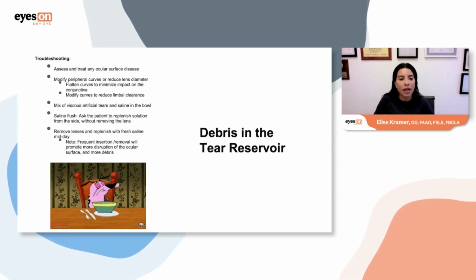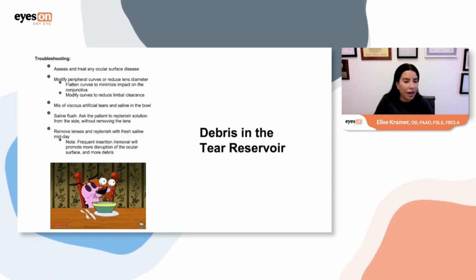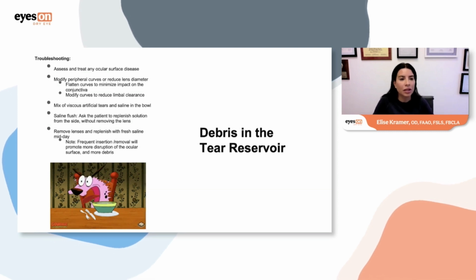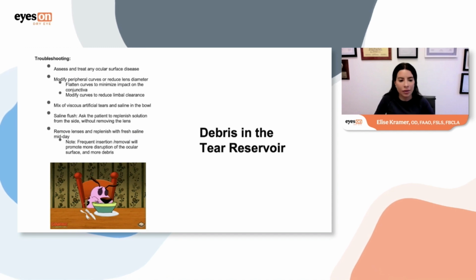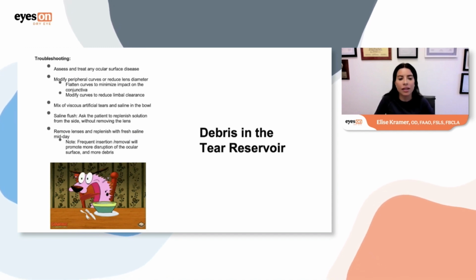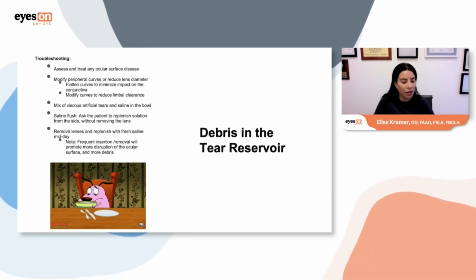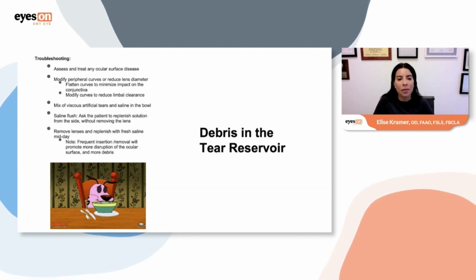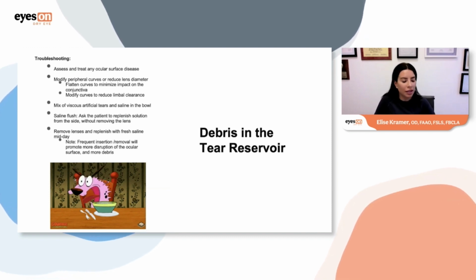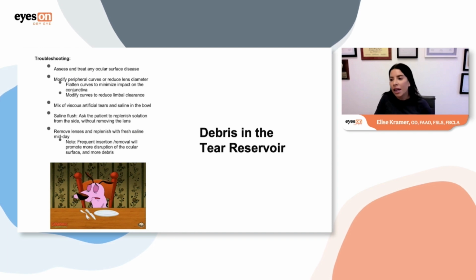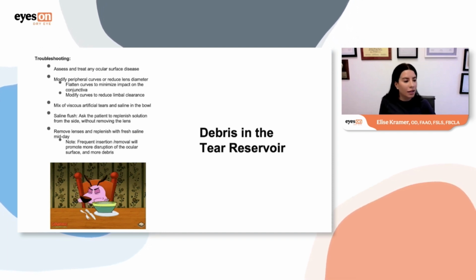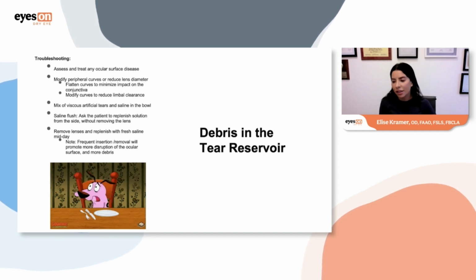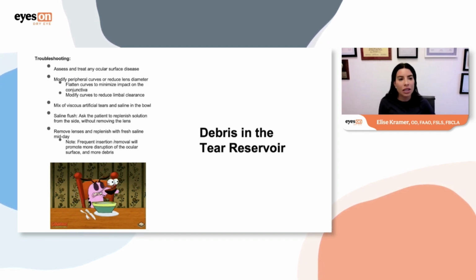So how do we treat this? Basically, again, the first step is going to be treating any ocular surface disease, any eyelid deposits, whether it's Demodex, whether it's anterior blepharitis, using hot compresses, eyelid hygiene, omega-3, maybe doing in-office treatments like LipiFlow, like TearCare, just to address these evaporative conditions.